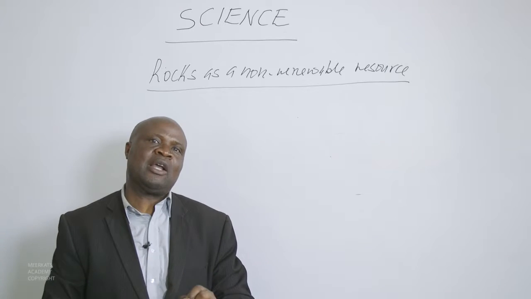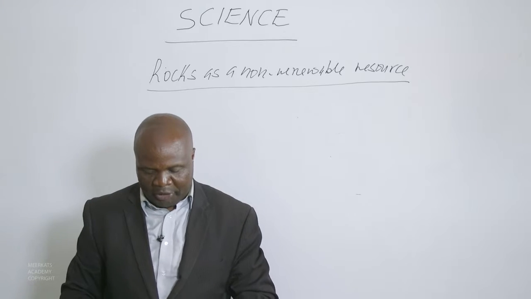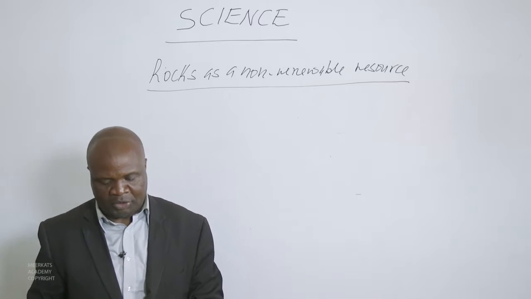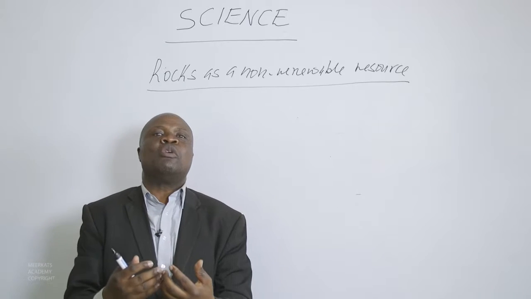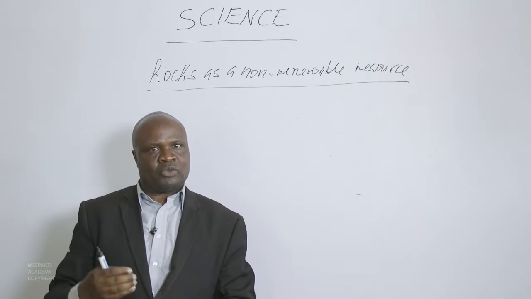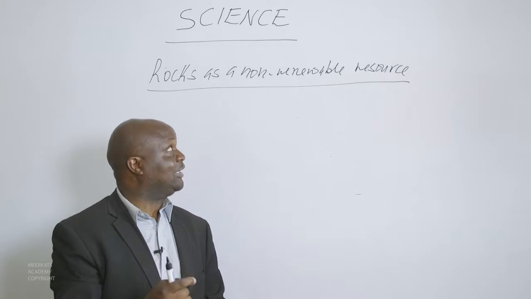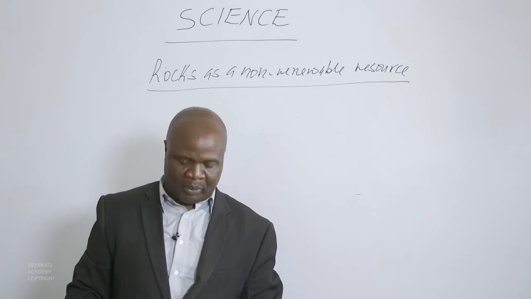So after talking about these rocks, now we can come to soil. We can come to soil because when we come to soil, we shall be in a position to look at soil as a resource. We shall be able to determine whether soil as a resource is a renewable resource or not a renewable resource.